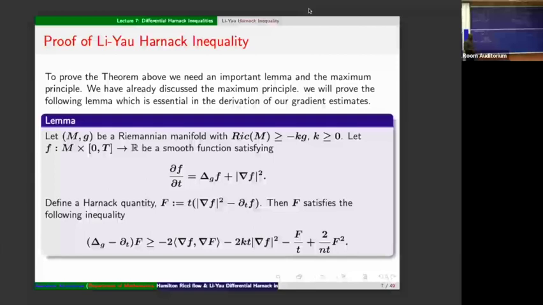So that is the lemma, and we can easily compute that. Okay, let's see. To make life simple, if we want to prove this.